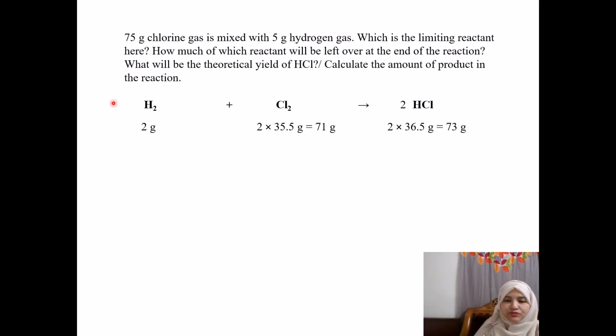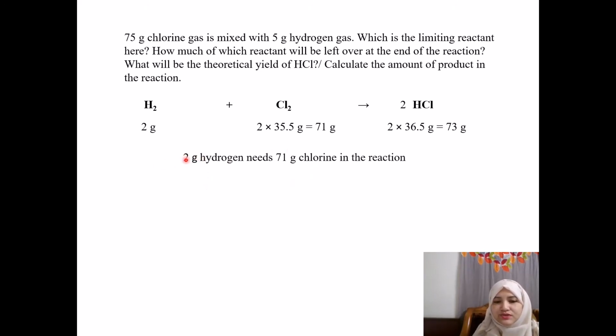We can start from any reactant, hydrogen or chlorine, but at first we will start with hydrogen. 2 gram hydrogen: from this balanced equation we can easily observe that 2 gram hydrogen gas reacts with 71 gram chlorine in this reaction and produces HCl.